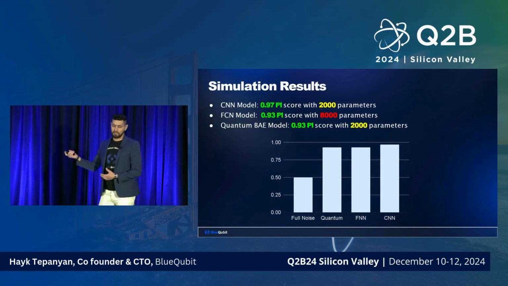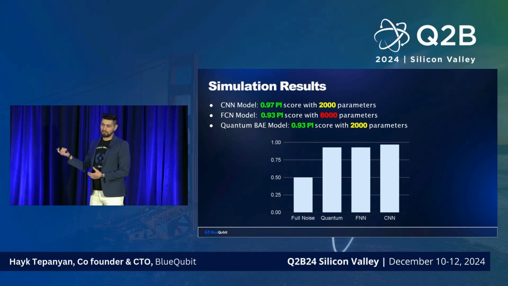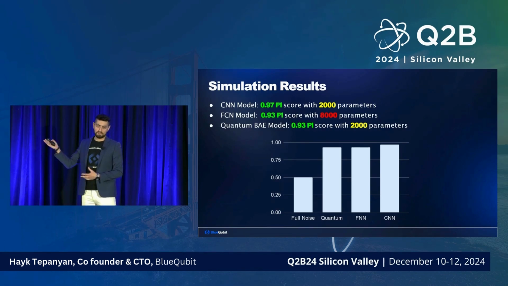So jumping ahead to the final results from this workflow: we have the quantum runs, the fancy CNN model, and we also have the FCN model, which stands for fully connected network. This is the one where we didn't do a lot of optimization with convolutional layers or other things.